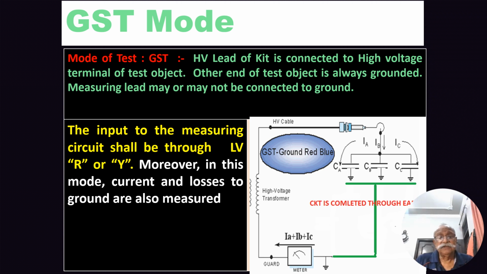In the GST mode of test, the HV test lead of the kit is connected to the high voltage terminal of the test object. The other end of the test is always grounded. The measuring lead may or may not be connected to ground. The input to the measuring circuit shall be through LV, R or Y. Moreover, in this mode, current and losses to ground are also measured.